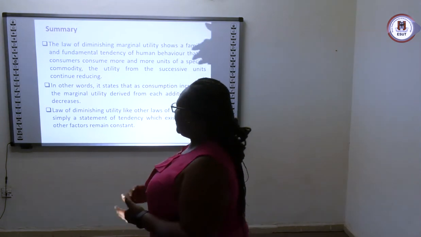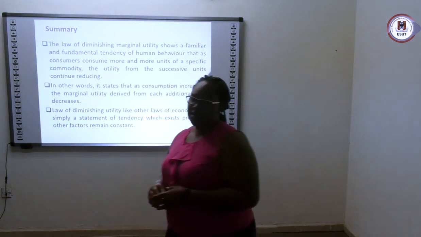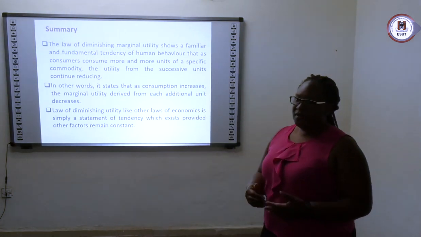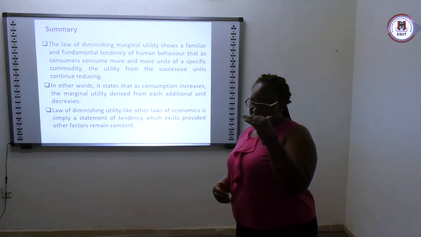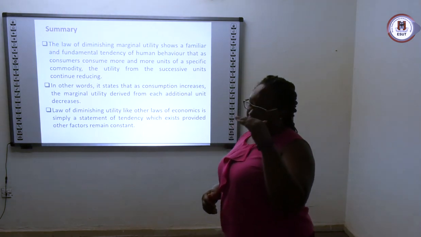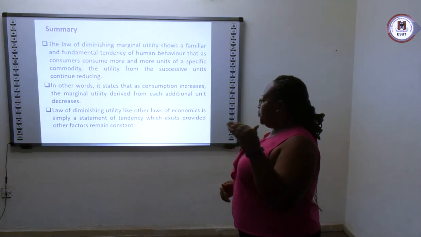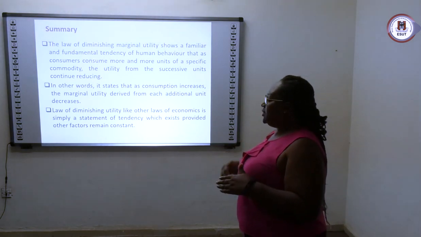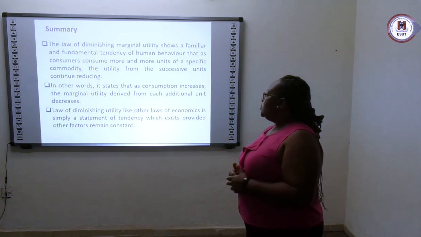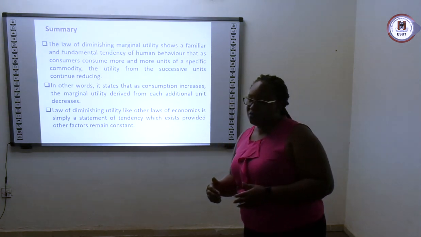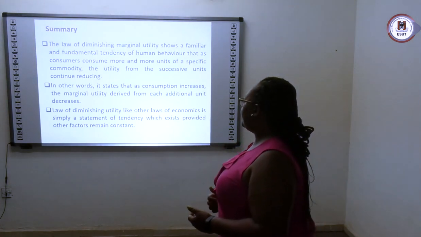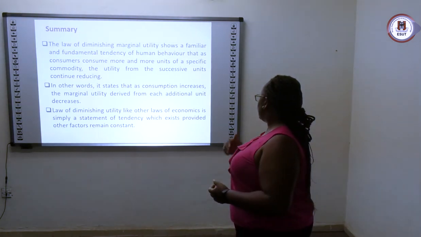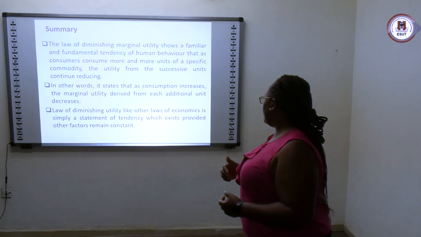This applies in real life: whenever you consume a particular product, the initial satisfaction you derive will not be the same the second time. So the more you consume a particular product, the less utility you derive. In other words, as consumption increases, the marginal utility derived from additional units decreases.